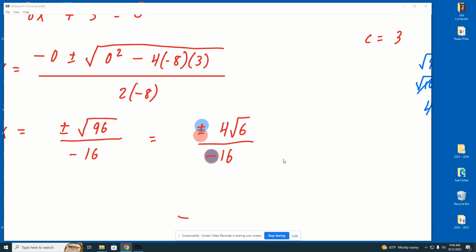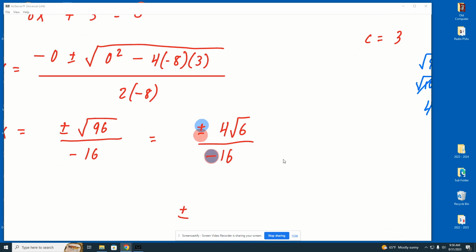It'll turn positive. So the plus or minus swallows that negative in the denominator. You don't need plus or minus over negative, because the positive will turn that negative negative, and the negative will turn that negative positive. So it just swallows it whole.